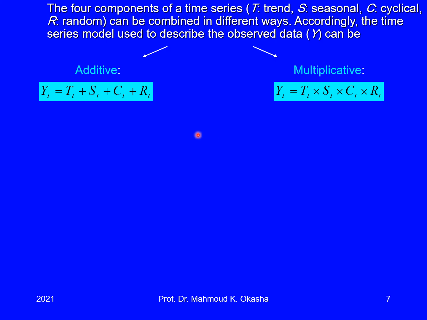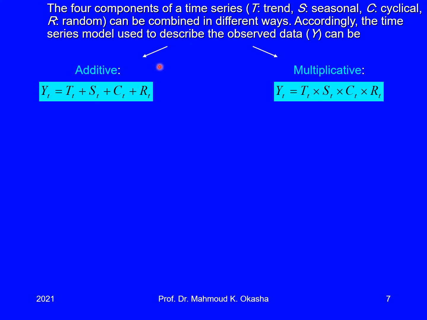So the time series model is used to describe the observed data by adding up the four components. In the multiplicative model, we assume that the time series is composed of the four components, or three or one, whatever, multiplied by each other.